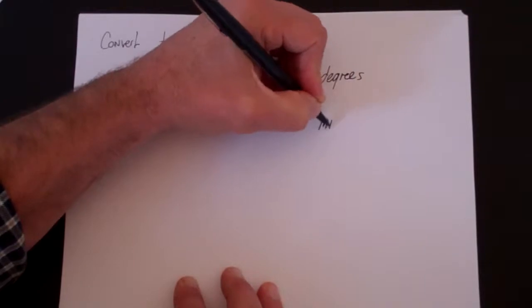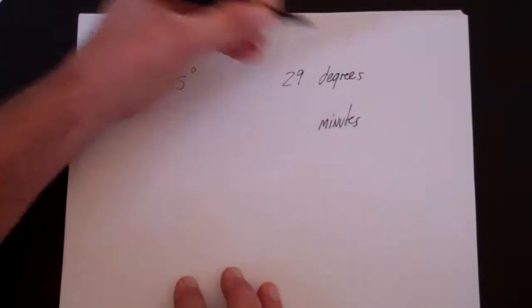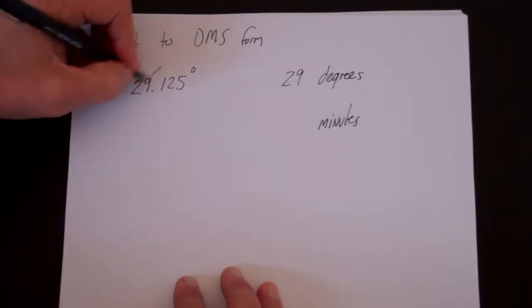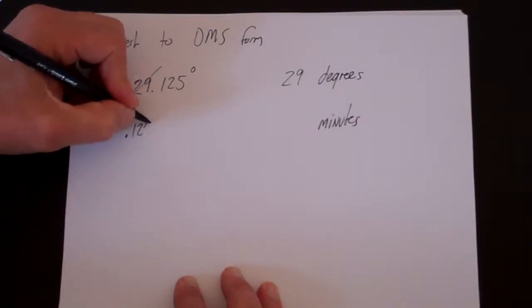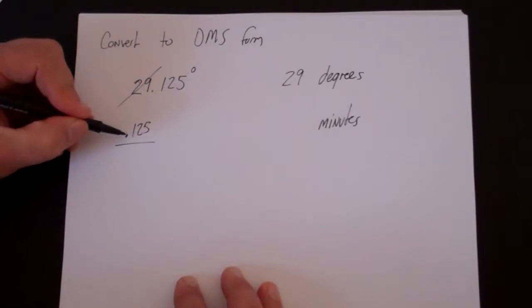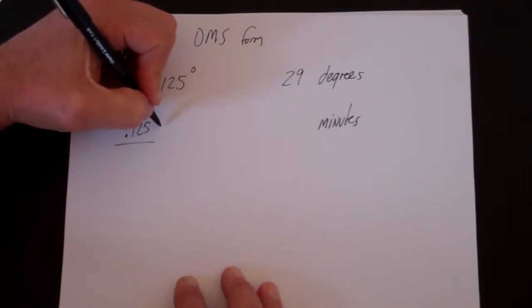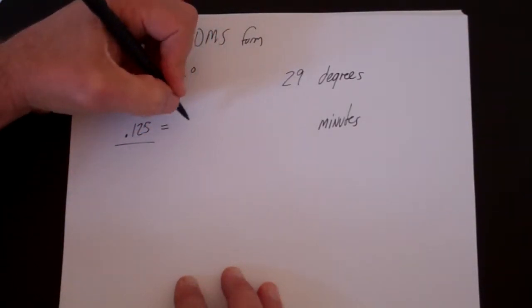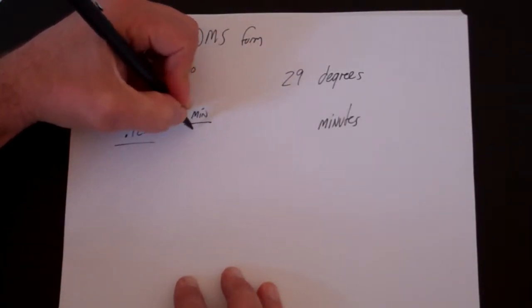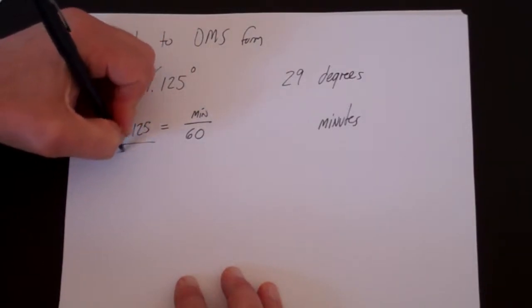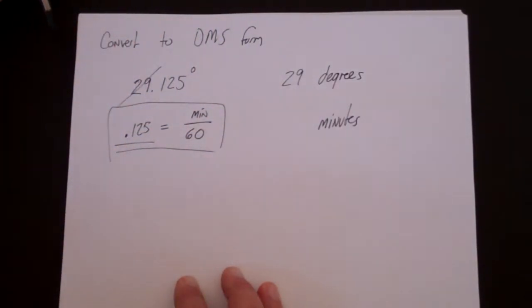And then you need to find the minutes. The way you find the minutes, you've already took out the 29 degrees, so take 0.125. 0.125 is equal to minutes over 60. And that's the formula you want to use.